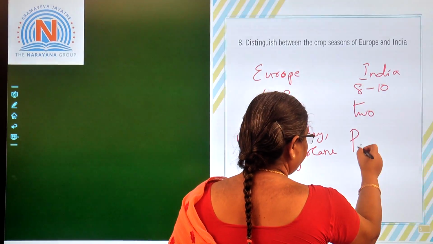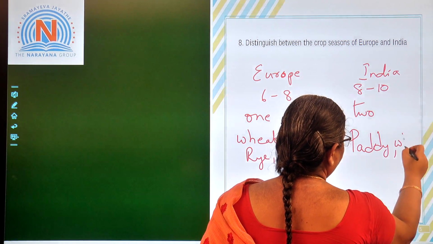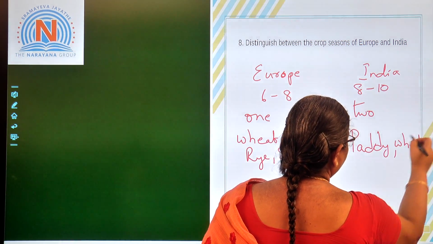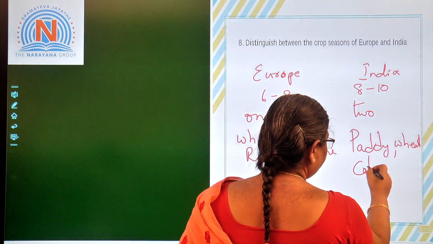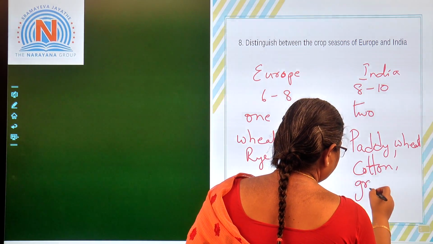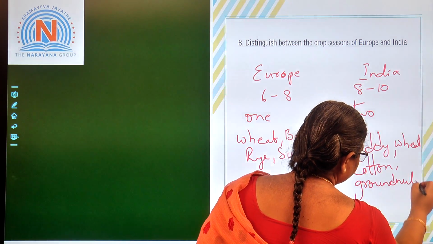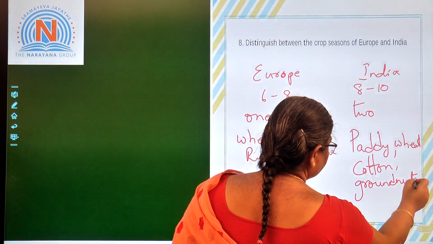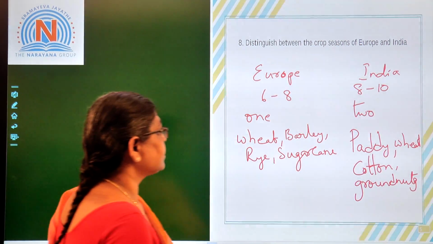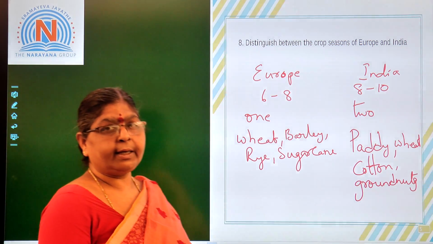First one itself is paddy. Paddy is the principal crop. Paddy, wheat. What is the other one? Cotton, groundnuts. These are the principal crops of India. So these are the main differences between the Europe agriculture and the Indian agriculture seasons.